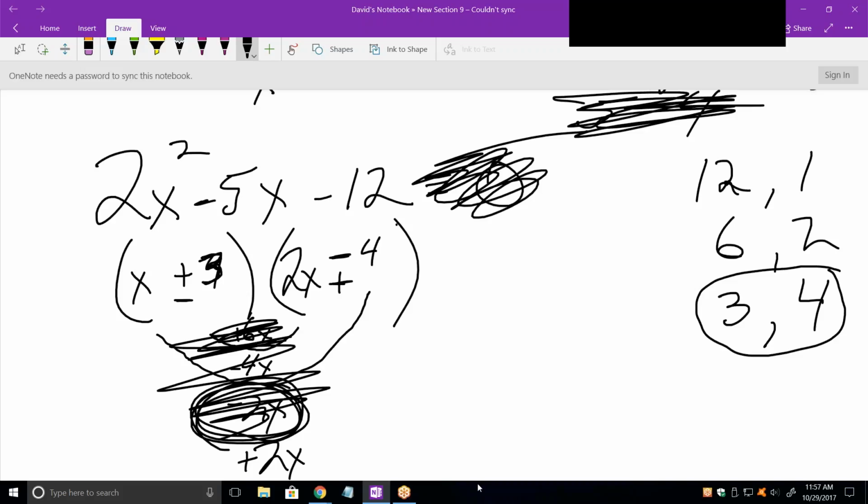So let's switch it. Let's make it 4 there and 3 here. Remember, this is trial and error. Now, what does that produce as a middle term? 6x again. No, multiply that by that. What's that? Oh, 8x. My bad. And then minus 3x. So what does that give you?